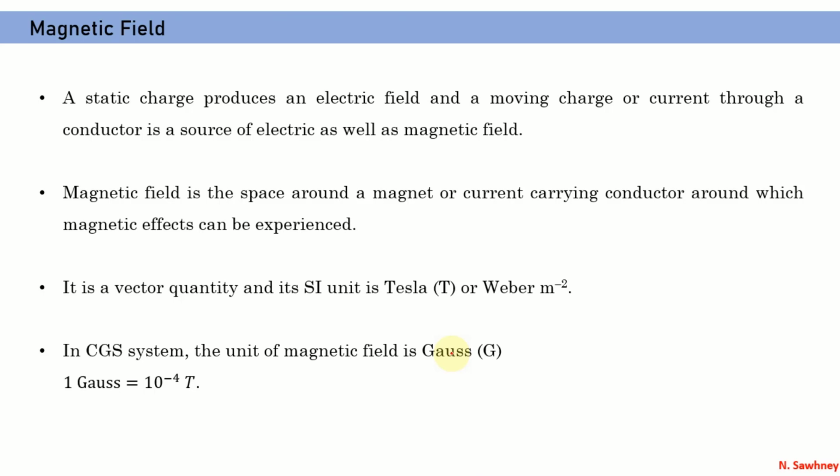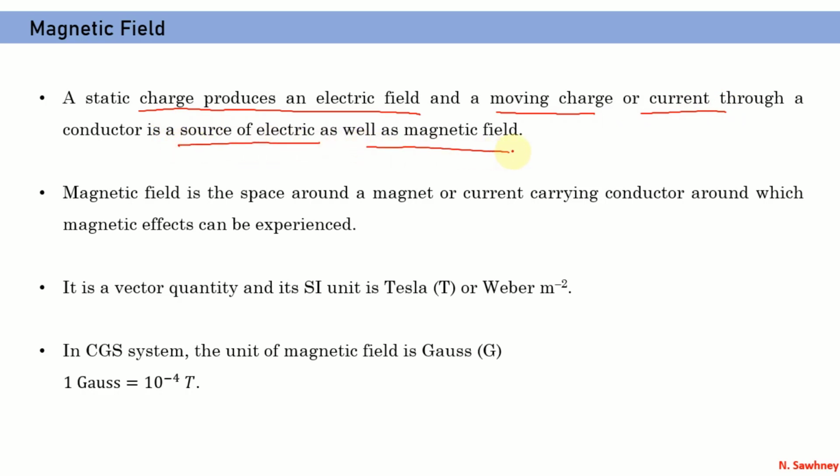And what is current? Current is charge in motion. So, we conclude that moving charges produce magnetic field. This is written here. That a static charge produces an electric field, and a moving charge or current through a conductor is a source of electric as well as magnetic field.